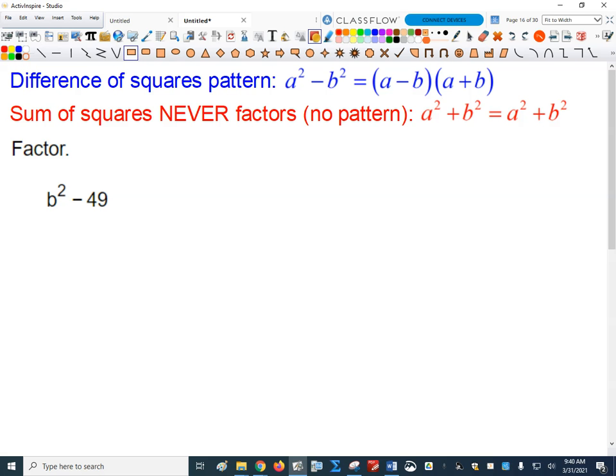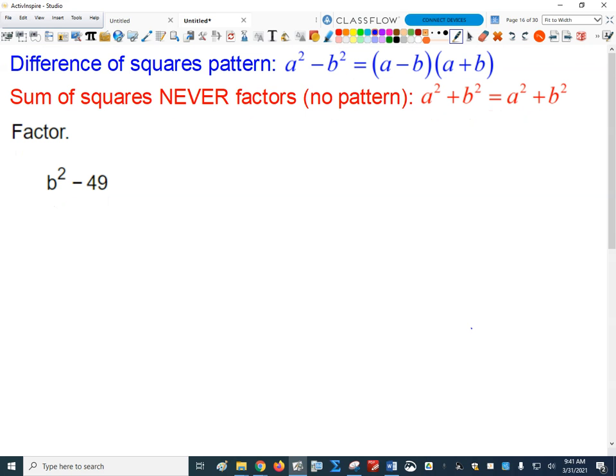Okay, so let's look at a quick example. What if we wanted to factor b squared minus 49? So our goal is, can we get that to look like the blue pattern? Can we get that to look like something squared minus something squared? Well, yeah, the first thing is just a b, isn't it, right?